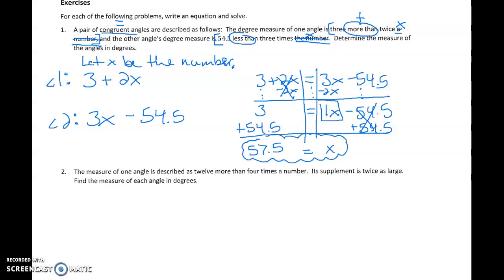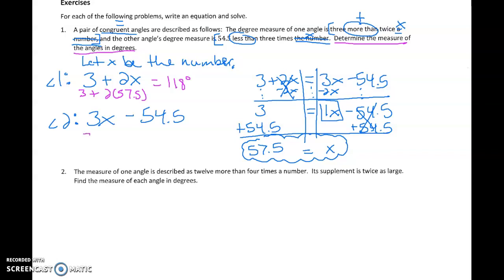But a piece of advice is always make sure you're answering the question being asked. Determine the measure of the angles in degrees. Well, I didn't determine the measure of the angles. I determined what x is. So we've got to take this number and plug it in for x. I'm going to say 3 plus 2 times 57.5. I can just type it into a calculator, and that works out to be 118 degrees.